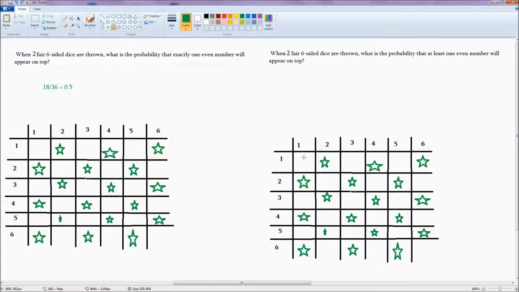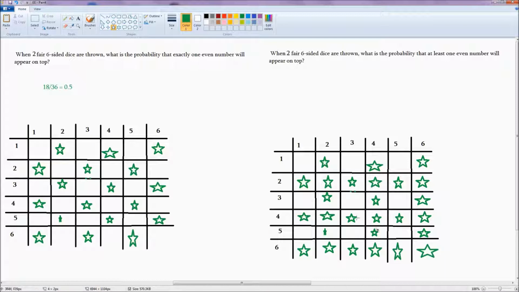With this graph, we just need to add the cases where we have two even numbers, so anything where we have at least one. If we have an even number here, I will put stars on its whole horizontal, because no matter what the second thing is, we have at least one even number. Let me fill the stars according to that pattern.